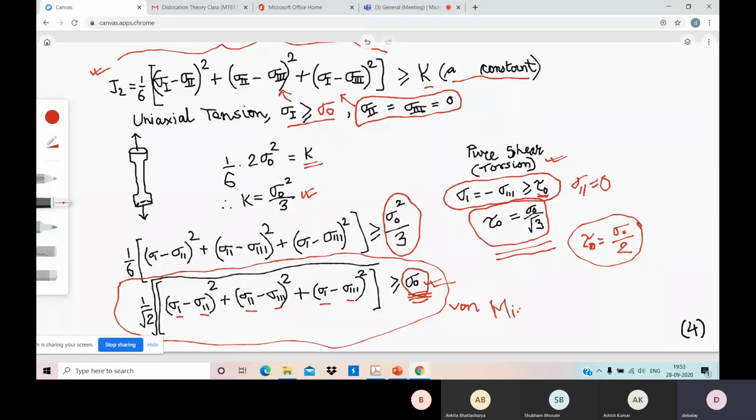So von Mises criteria. Now these are basically predictive criteria. So don't think that a criteria being satisfied means it will certainly happen, because a lot of other conditions, material conditions, microstructure and other things will play a role, and these don't consider those atomistic, microstructural or nanostructural conditions.